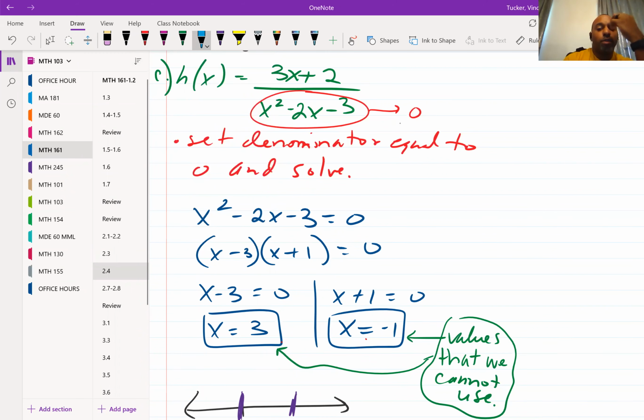Ended up getting x equal to 3 and x equal to -1. Once again, these are the values that we cannot use. Remember, these are values that will produce 0 in our denominator. So this time we have 2 of them instead of just one like we did last problem.